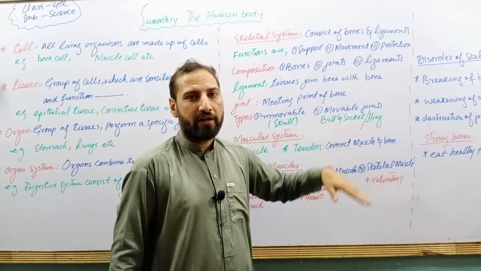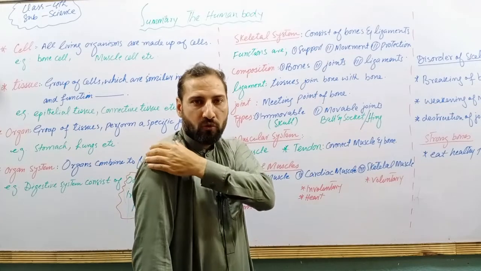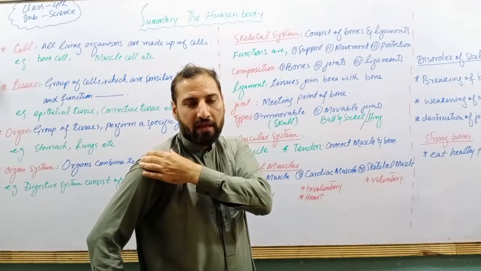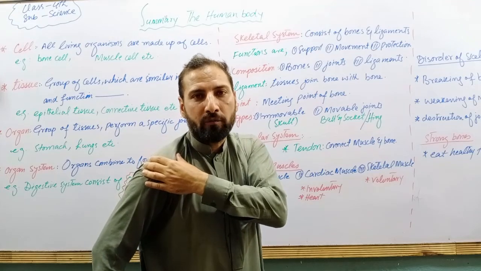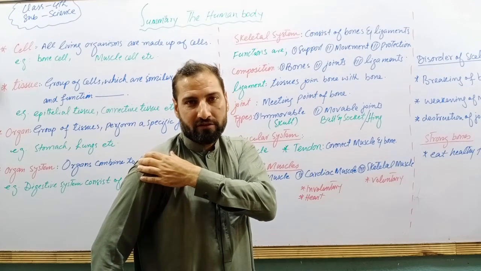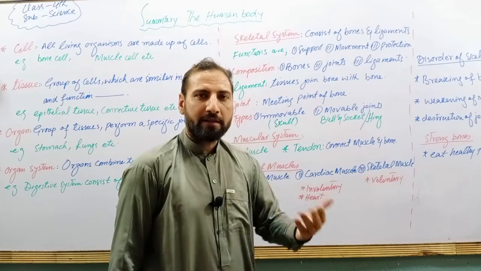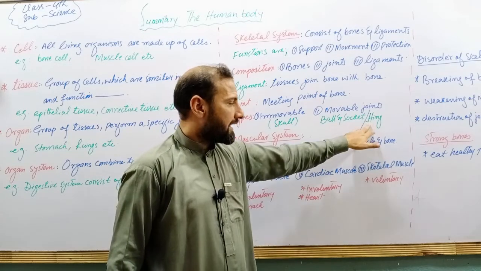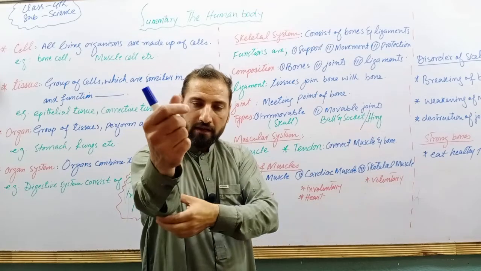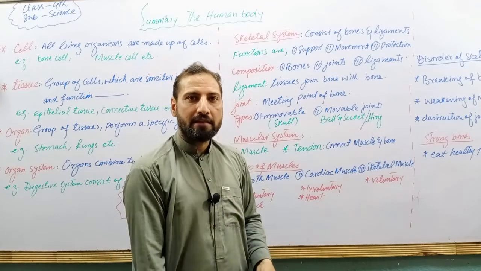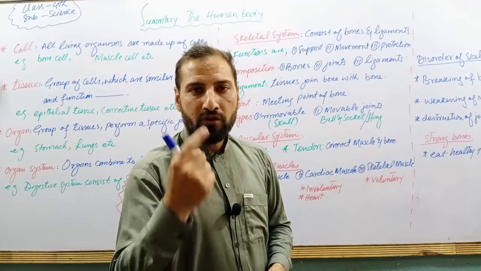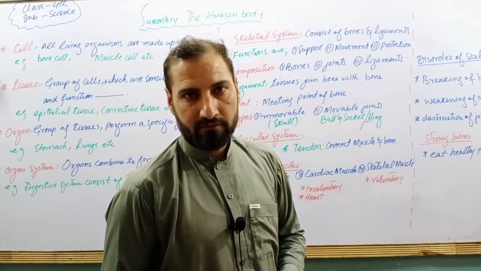Ball and socket joints are present in our shoulders and hips, and these joints allow movements in multiple directions, while hinge joints are present in our elbow and knee, and these allow unidirectional movement.